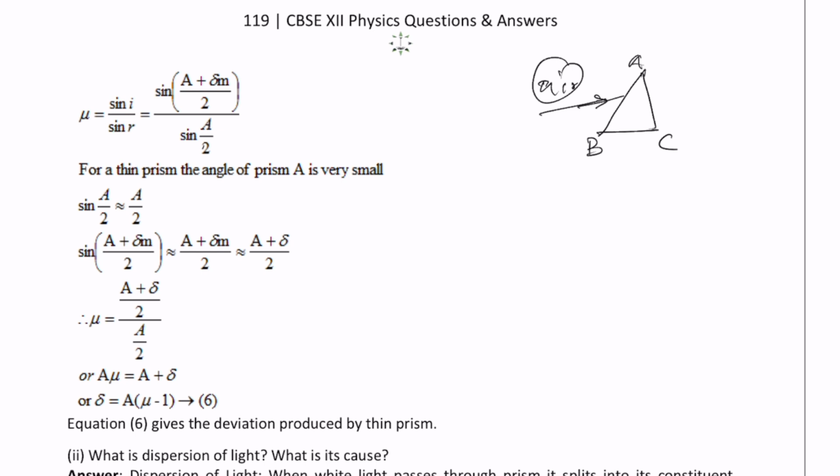Now we know that when theta is very small, tending to 0, sin theta can be written as theta. So sin of (A plus delta M by 2) is A plus delta M by 2, and sin of A by 2 is A by 2. So this is the formula: delta is equal to A into (mu minus 1). This equation 6 gives the deviation produced by a prism.